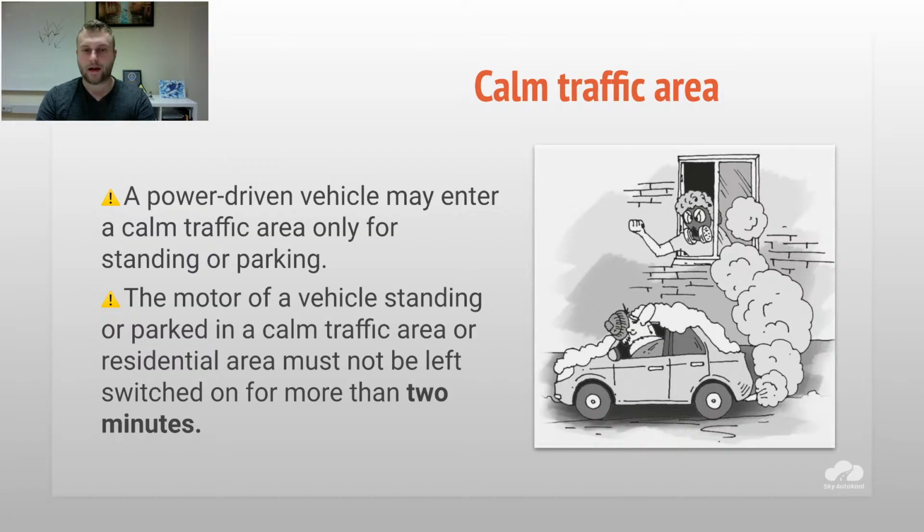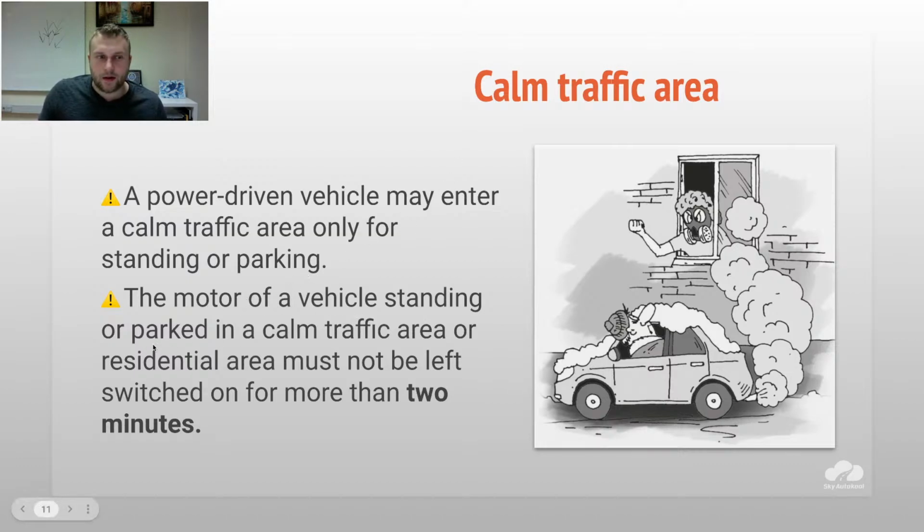So you just have to remember it, and you can decide where you do it. It can be even standing on the shoulder, just quick. You just get a little bit to the right, stop your car, put the handbrake on, wait for some seconds, you can comment that, okay, I'm stopped, I'm in a calm traffic area, and then continue driving.